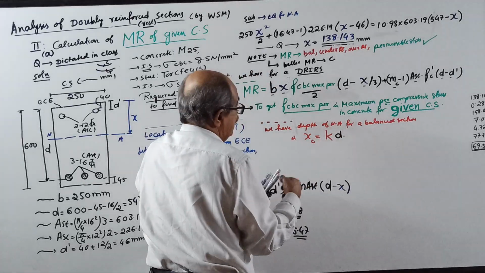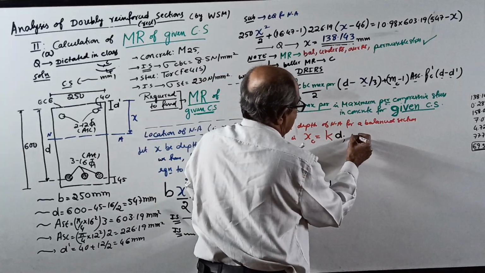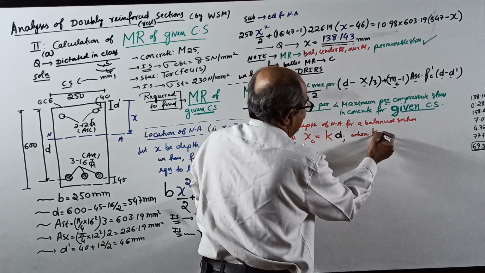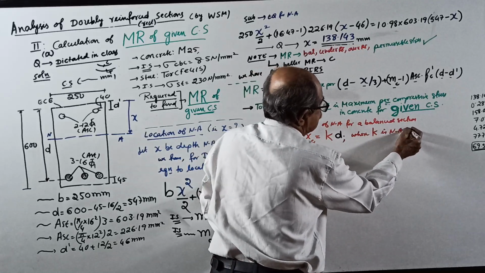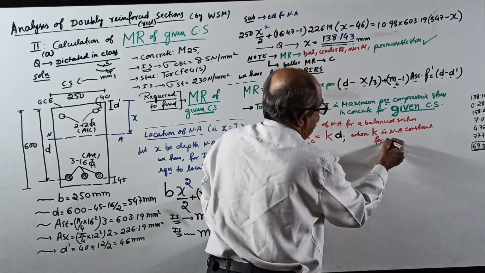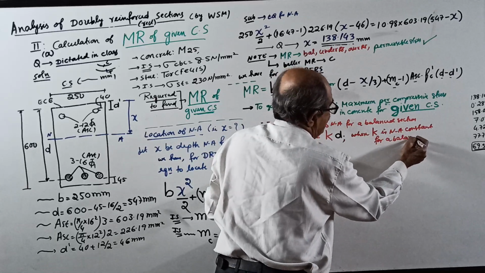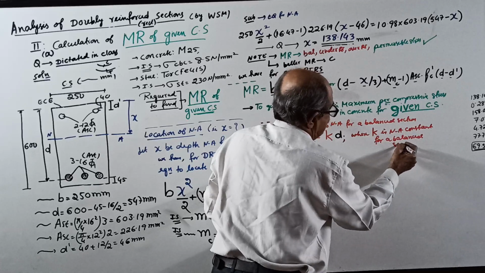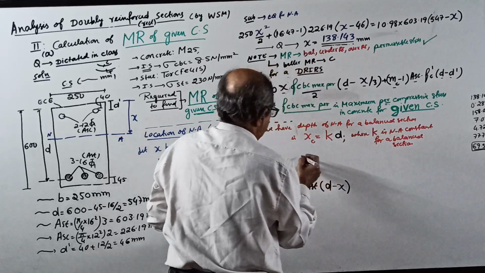Now one by one, where K is the neutral axis constant for a balanced section. You know the formula.